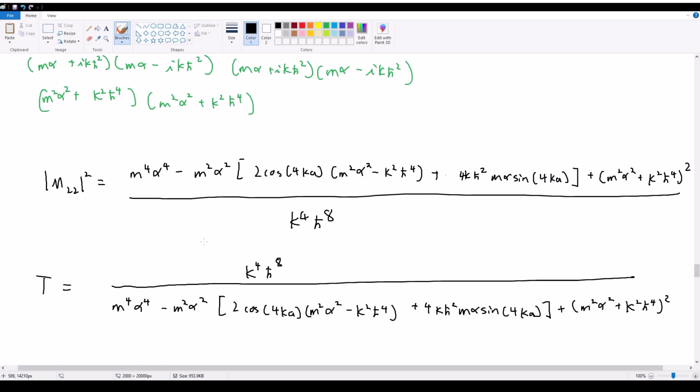So sorry about that mistake, but regardless, we are done with this very tedious mathematical exercise, and along with that, we're also done with this problem.